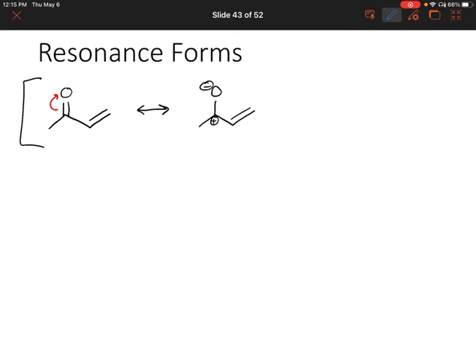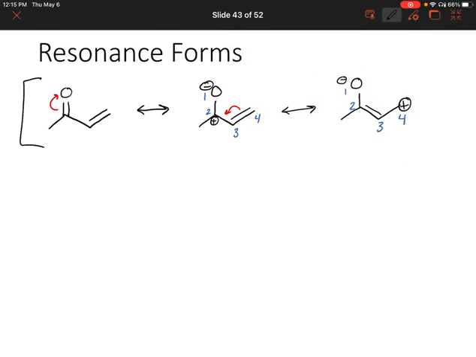So let's just number these atoms: 1, 2, 3, 4. And then we can again move electrons over to create another resonance structure. And now the positive charge is at position 4.